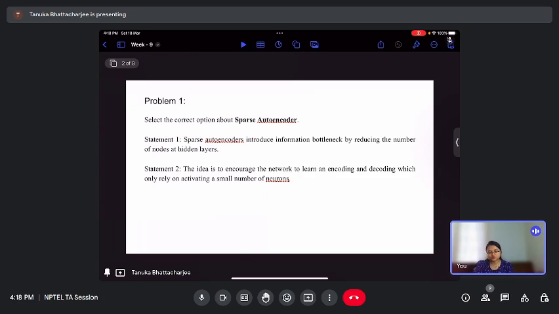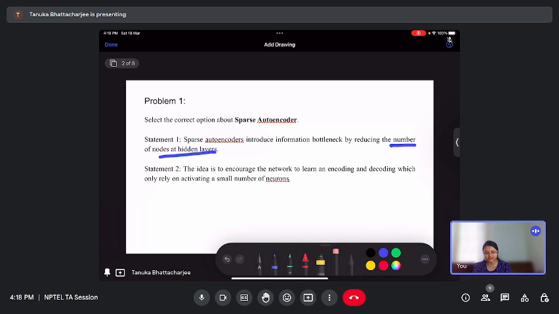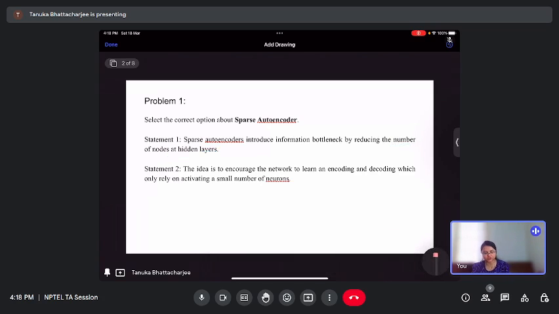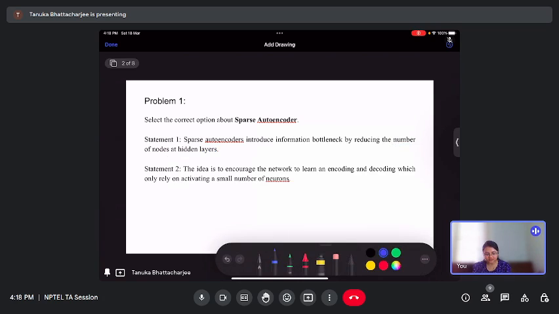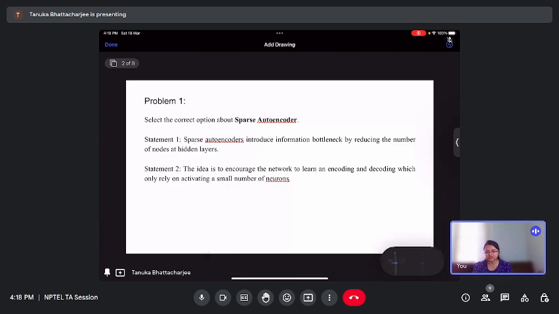Only statement 2 is correct, because in case of sparse autoencoder, the number of nodes in the hidden layer is not necessarily less than the actual input dimension. You can have lower as well as higher number of nodes in the hidden layer, but you ensure you are getting a compressed representation or a dimensionality reduction just by ensuring that a small number of neurons are only activated.